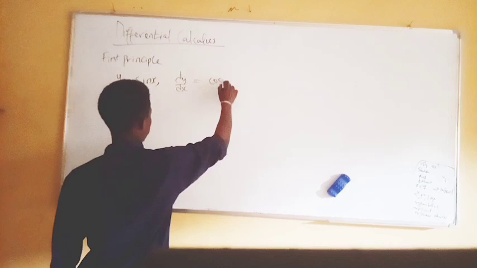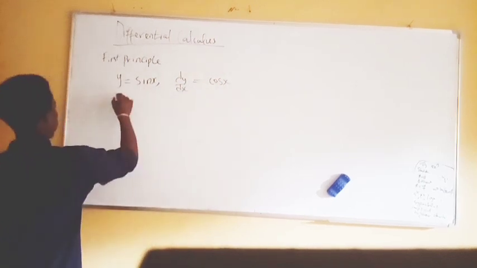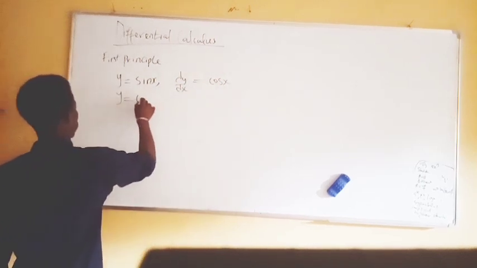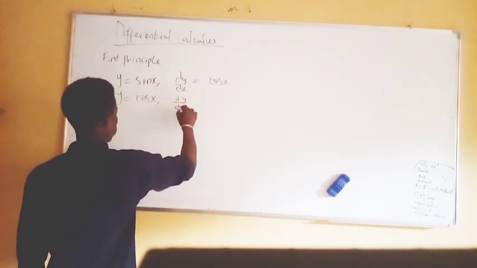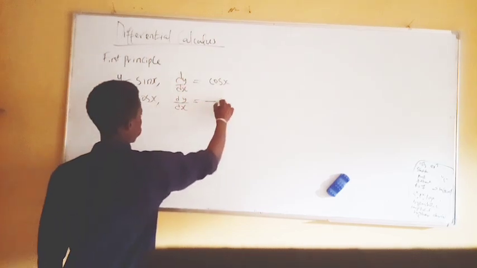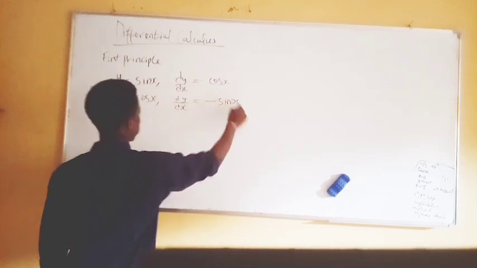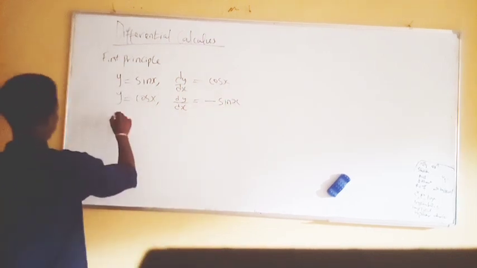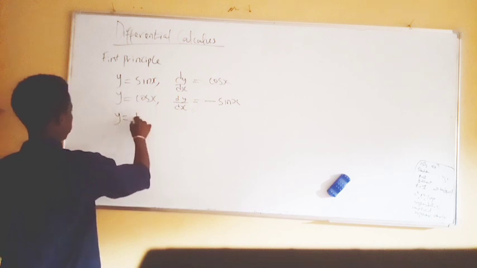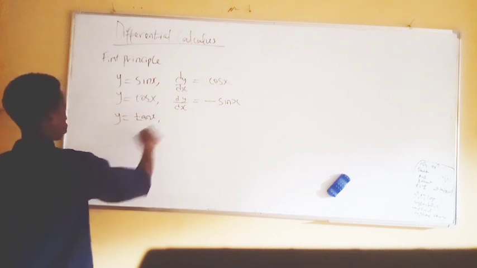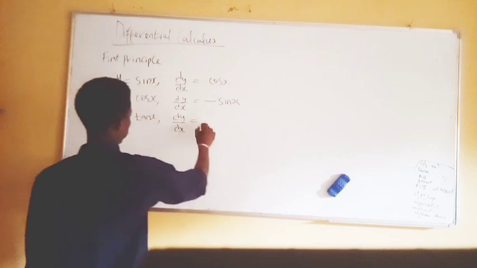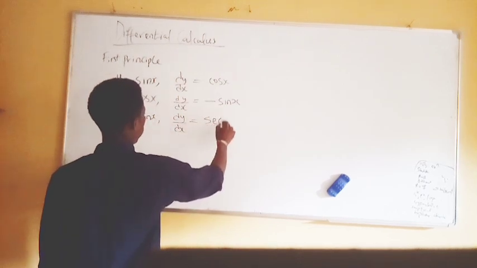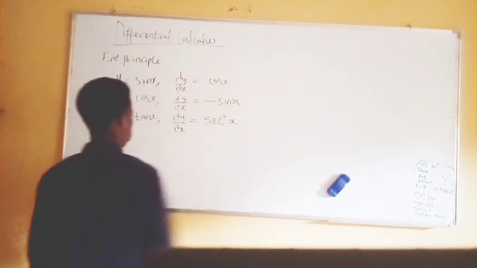Cos x. If y is equal to cos x, its derivative is minus sin x. If y is equal to the tangent of x, dy/dx becomes the square of the secant of x.